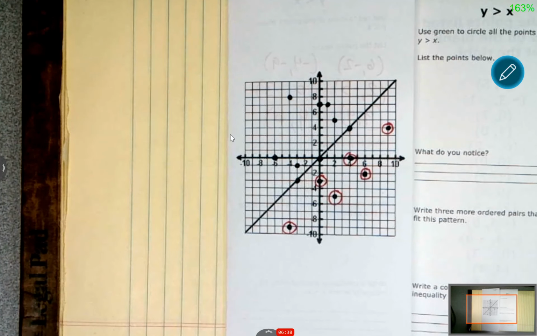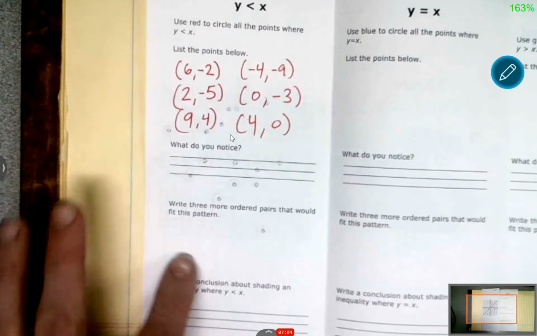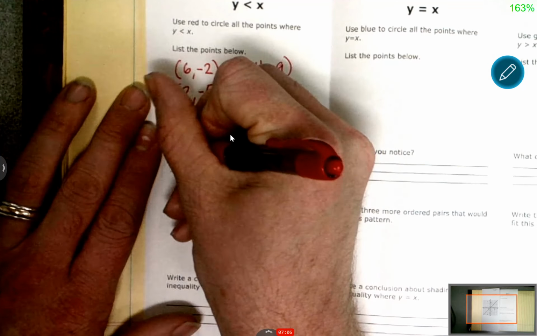Kaiser? They're all below the line. So they are technically all on the right side of the line, but that aspect of it is not going to be consistent as we look at other types of boundary lines. What is going to be consistent is they're either going to be above or below the line. So that's what I'm looking for here.